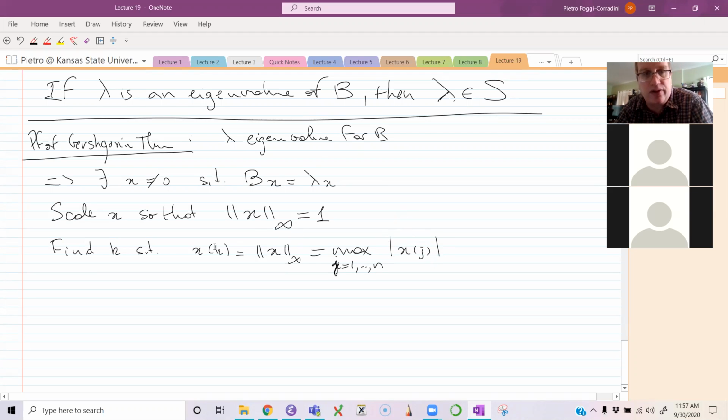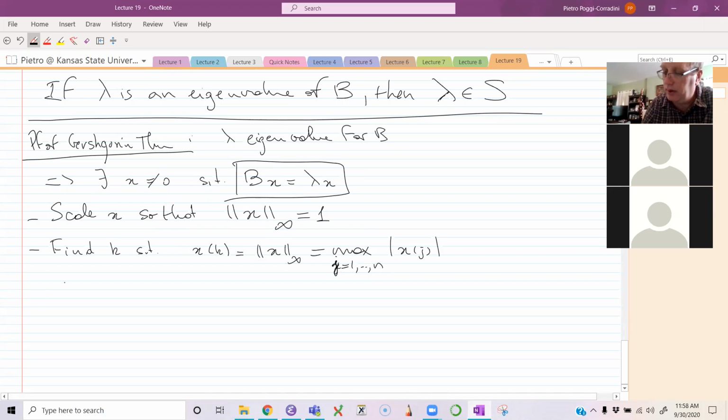But if that's the case, then just multiply by -1. Both of these things are a consequence of the fact that any multiple of x satisfies this. All right, so this is just the setup. Now let's look at what this actually means.